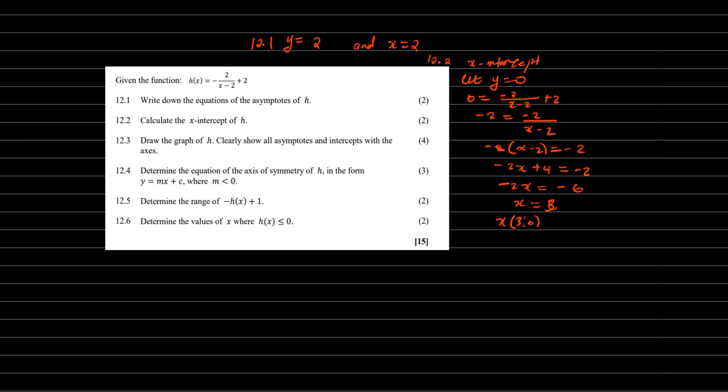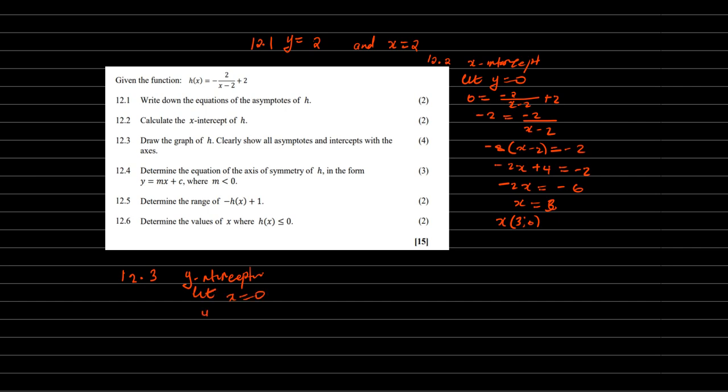So from this, we are going to look at the next question, 12.3. They are saying you need to draw the graph. Remember, to draw the graph, you also need the y-intercept. So you'll first find the y-intercept. How do you find the y-intercept? You let x be 0.